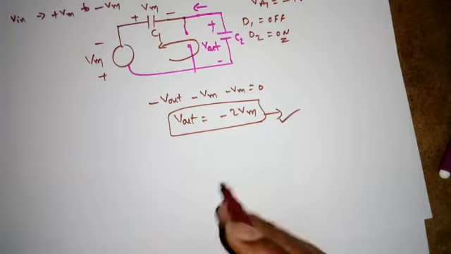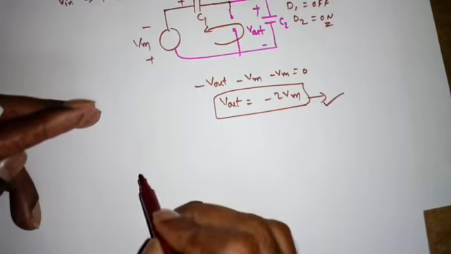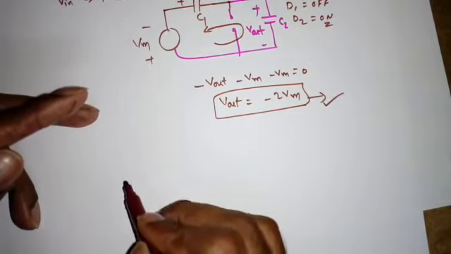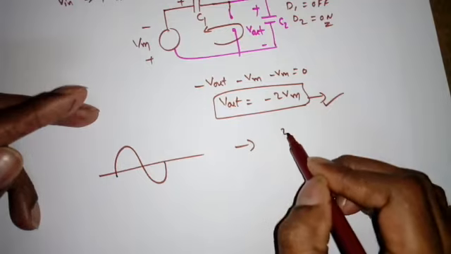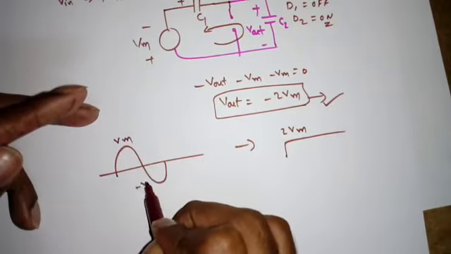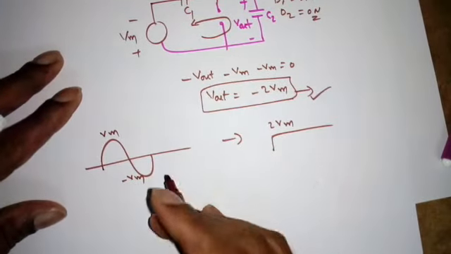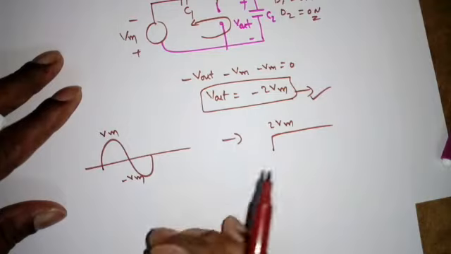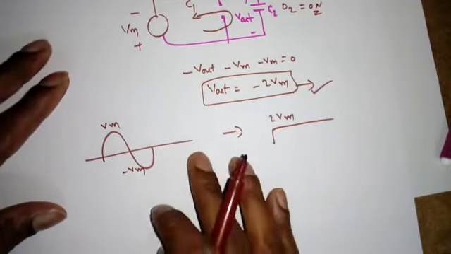Now you may have a doubt: as this voltage doubler is converting AC to DC voltage, yes or no? So my VM, minus VM. Why are we not using this voltage doubler as an AC to DC converter, right? That is a valid question.